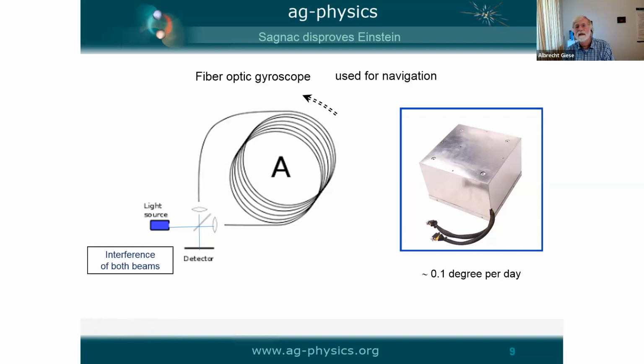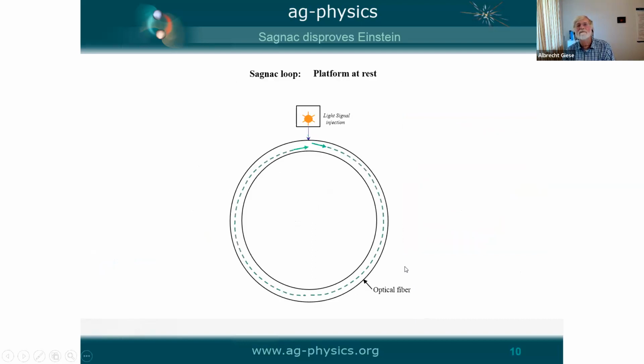Okay. And my statement is: this navigation function only works because Einstein is wrong, and I want to show you that. So here we have now one of the windings, it's good enough to explain it. It's not so precise, but you can see in principle how it works.